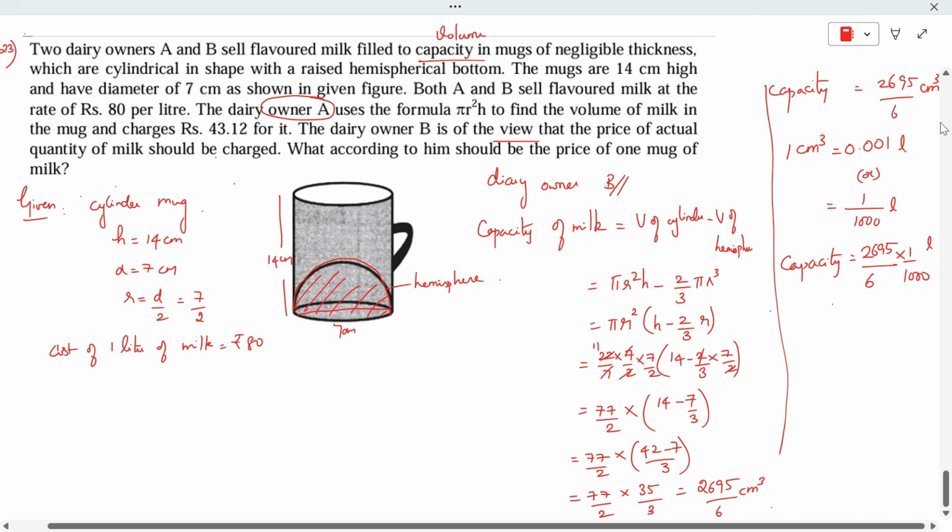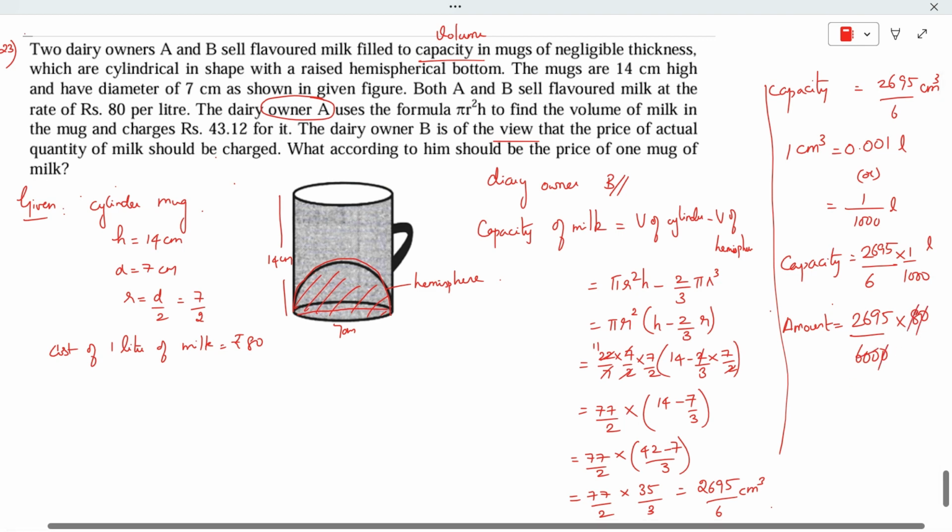Now I converted centimeter cube to liter. How will I calculate the amount? I have to multiply by 80, isn't it? This much liter I have. So 2695 by 6000, 6 into 1000 is 6000, multiplied by 80 per liter. If you cancel it, you will get your answer.